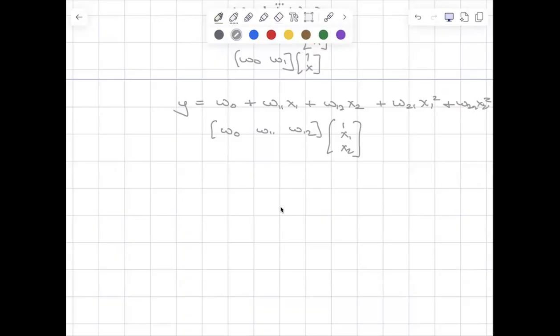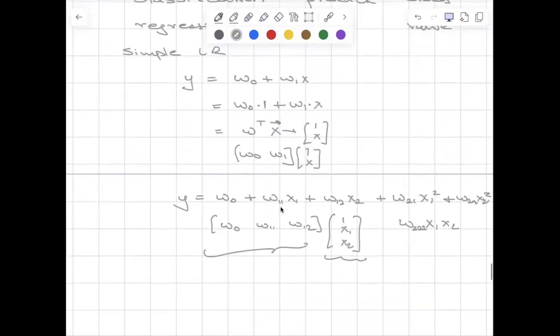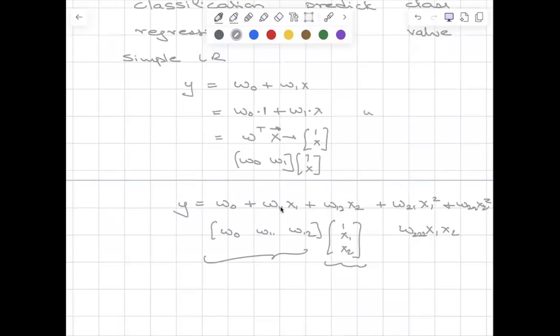And then I'll have to come up with some way of encoding x1 x2 as well, and the vectors would change. So if I have multiple variables, I can have this. Even with a single variable, I can have W0, W1, W2 into 1, x and x squared.